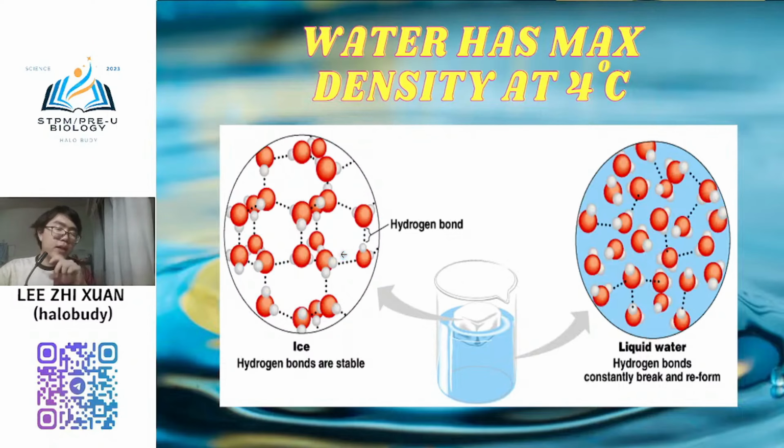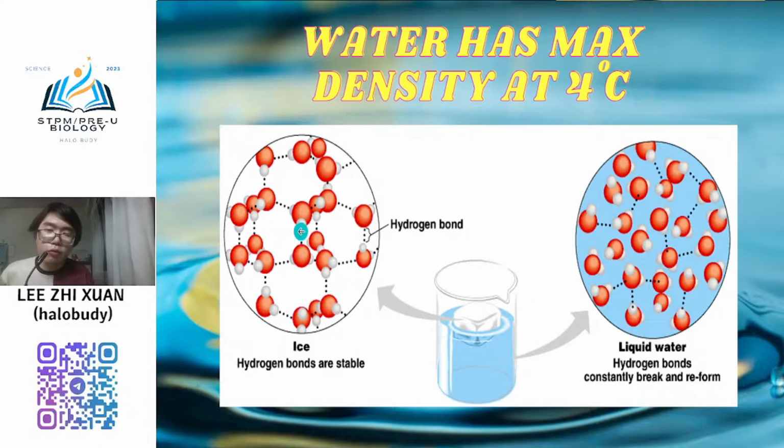Why does water have the maximum density at 4, not 0? Due to the hydrogen bond. When the temperature decreases, of course, the kinetic energy of the molecules will decrease. They will stop moving. But due to the very special structure of the water molecule, which can also form hydrogen bonds, they will arrange in a crystalline structure like this.